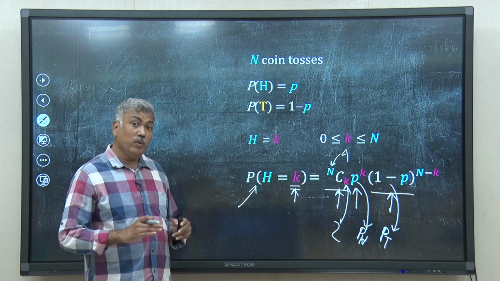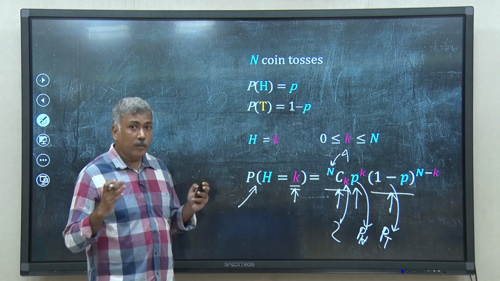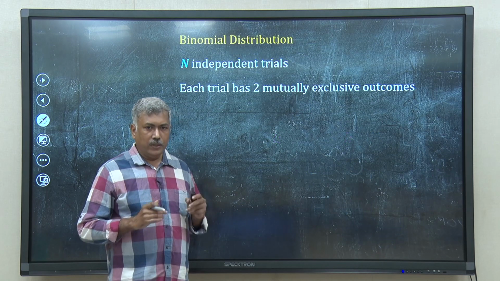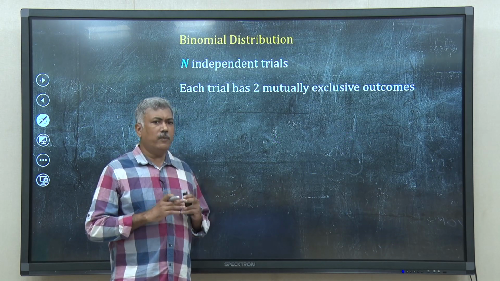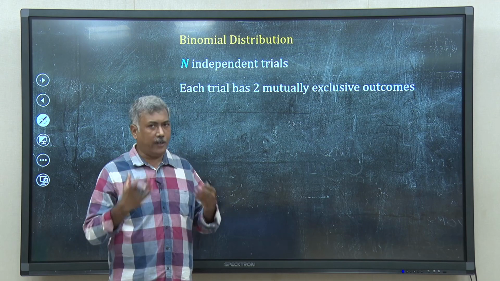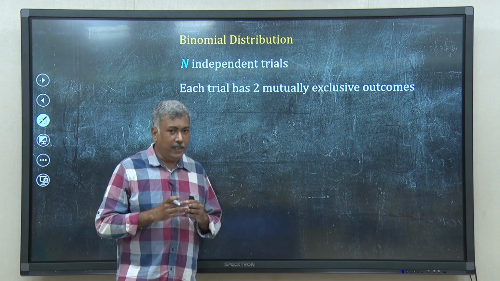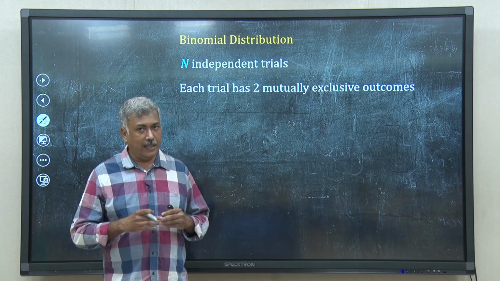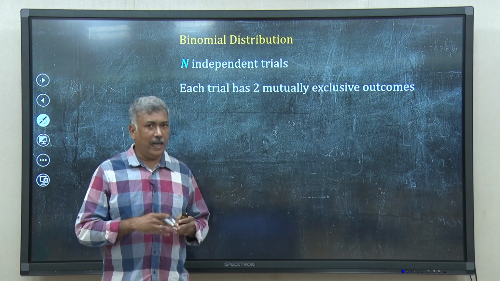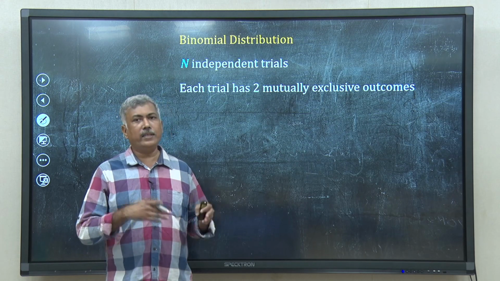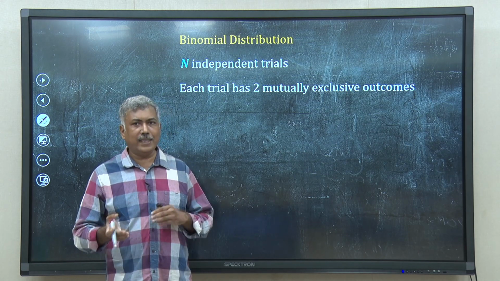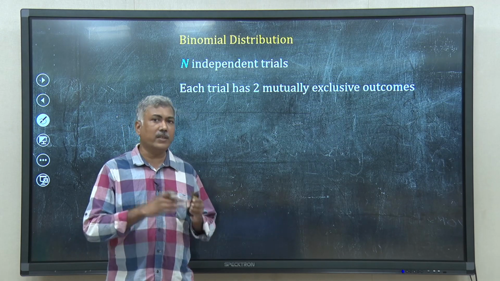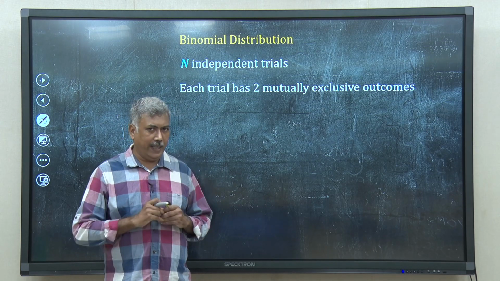So, let us move further. Rather than just keeping ourselves bounded by coin toss, let us make it generalized. So, suppose I have n independent trials, and in each trial there are 2 mutually exclusive outcomes. Either you will get a head or a tail, either you will get a 0 or 1, either it is true or false, success, failure, either it is mutated, not mutated, either the cell died or the cell did not die, something like that.